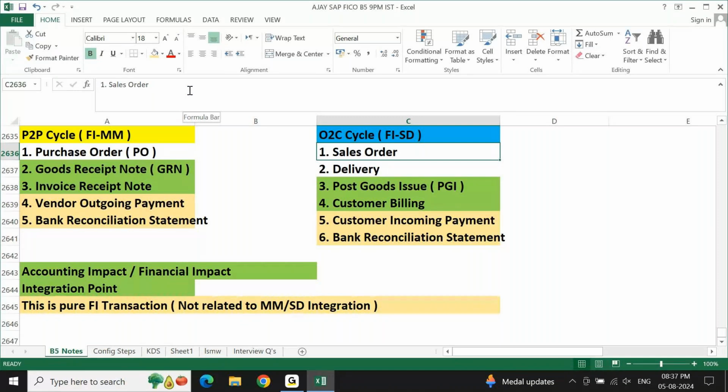We have highlighted 2 points in MM and 2 points in SD as integration points. Now, when you're talking about integration points, you need to understand what exactly we mean by integration point. Now, let us try to understand these fundamentals.